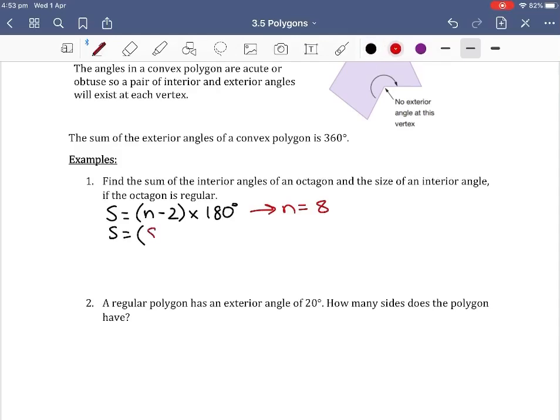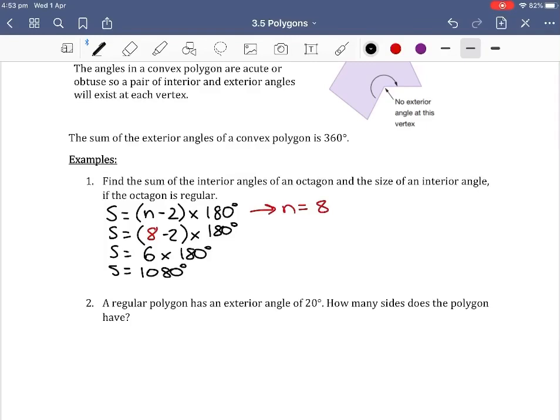So let's sub that in. S equals (8 minus 2) times 180 degrees, so S equals 6 times 180 degrees, which is 1080 degrees.